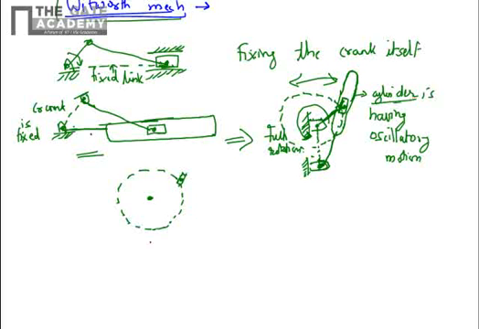The cylinder is pivoted about a link which is off center from the crank. So you draw a line tangent to this circle, and tangent to the circle, two lines you will get. Tangent to the circle of motion of the piston, and these are the two extreme positions of the cylinder.